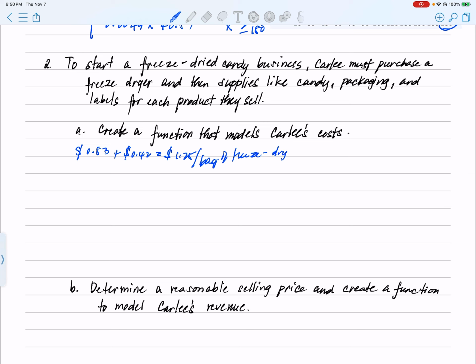Alright. Now we'll assume that the candy packaging won't vary over time, which means we can use a linear function. This is the plan. We create the function. We can use a linear function to model the cost.